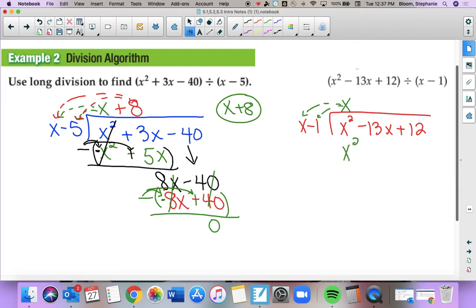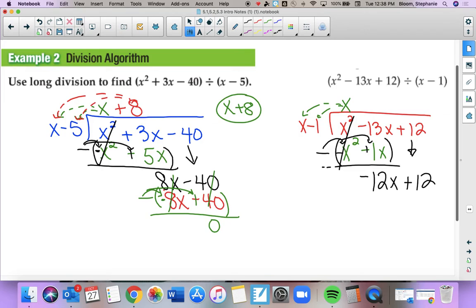So that's x squared minus 1x. I need to subtract that off, so I'm going to distribute it through. That's a negative x squared, so my x squareds cancel. That'd be a positive 1x. What's negative 13x plus 1x? Negative 12x. Bring down your next term.